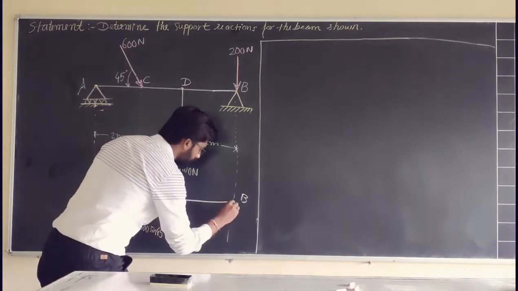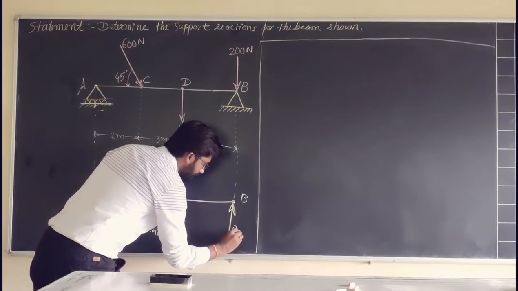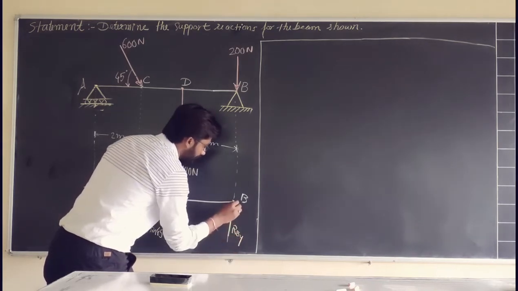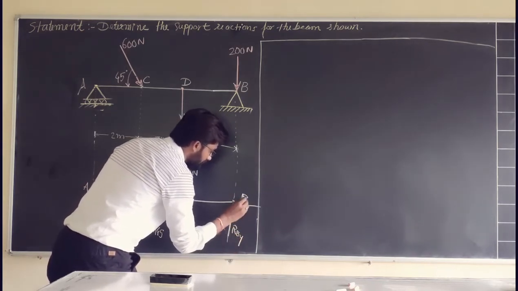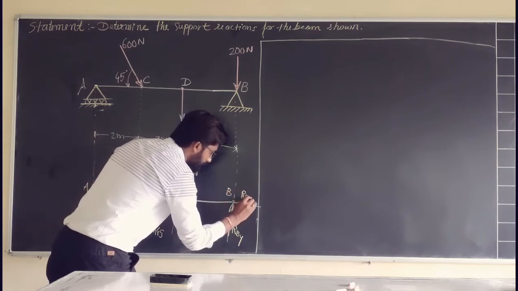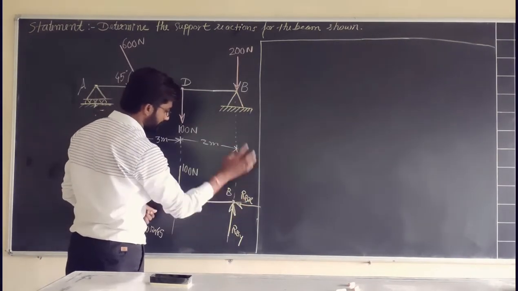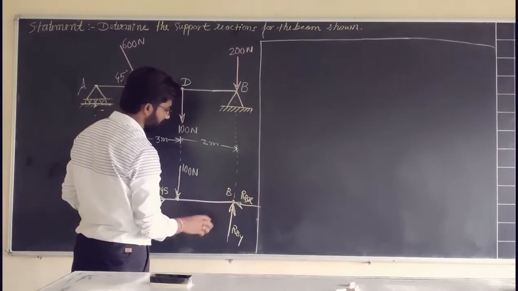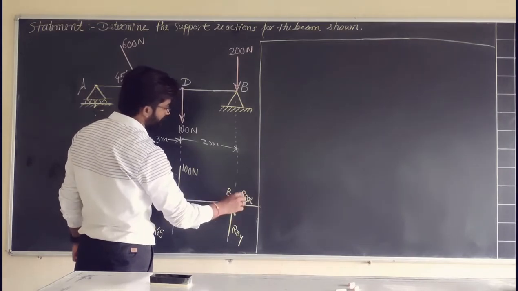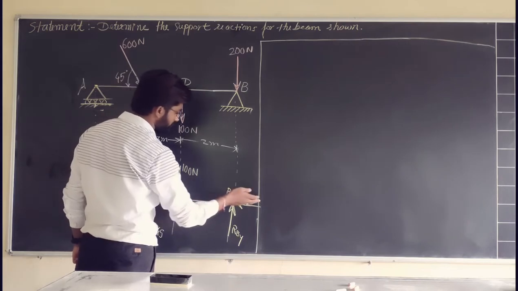Then we have a hinge support at this point. A hinge support is replaced by two reactions: one vertical reaction, which we call RBY, and a horizontal reaction, which we call RBX, at point B. Here I have shown the horizontal direction moving towards the negative x-axis, but you can show it towards the positive x-axis.